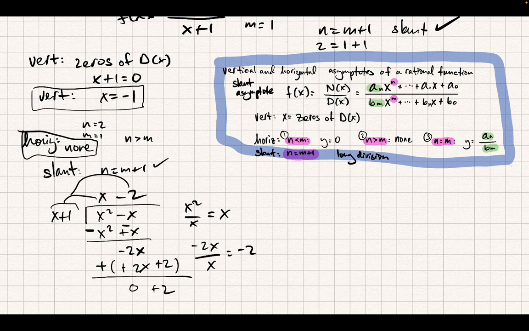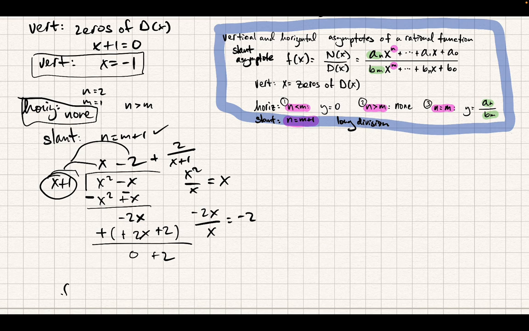That's my remainder. If I was doing long division to find the real answer, I would write 2 over my divisor, x plus 1. So the real answer for f of x is x minus 2 plus 2 over x plus 1.